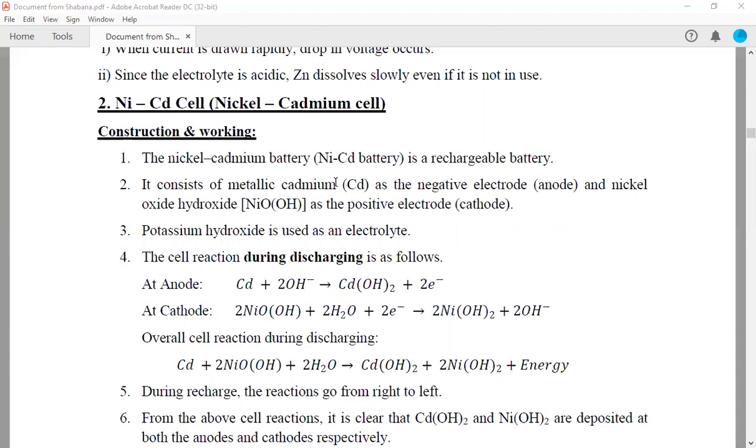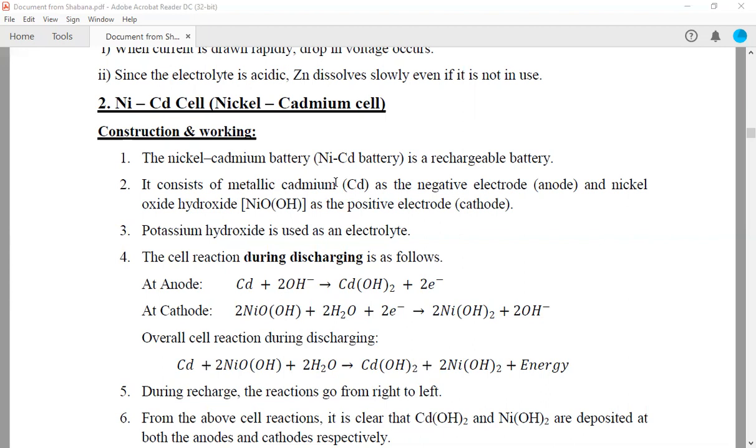The cell reaction during discharging at the anode and the cathode is as follows. At the anode, we take cadmium as the negative electrode. It reacts with the hydroxyl ion from the electrolyte, because the electrolyte is KOH, and it converts into cadmium hydroxide with the liberation of electrons.